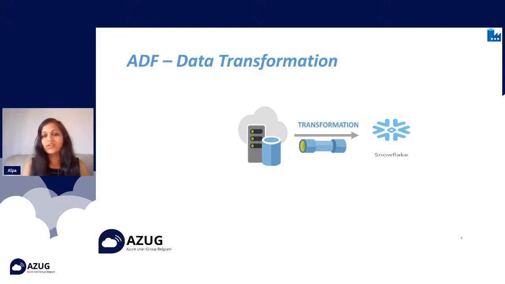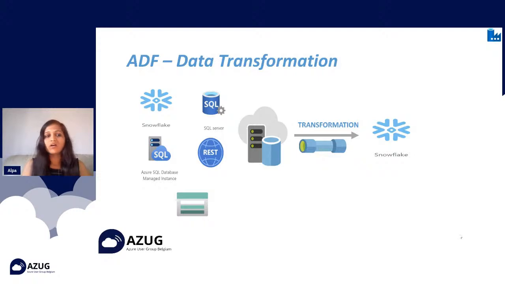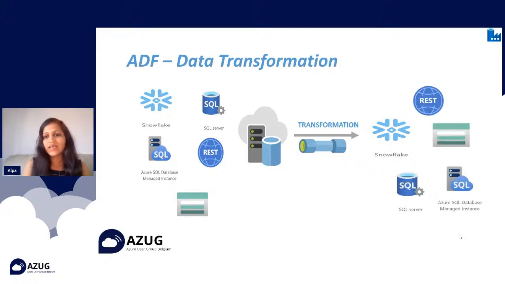You can use mapping data flow for transformation, and you can use various different sources. Mainly these five different sources you can use, and there are more as well. You can use these data sources as a source, and as a sink as well.